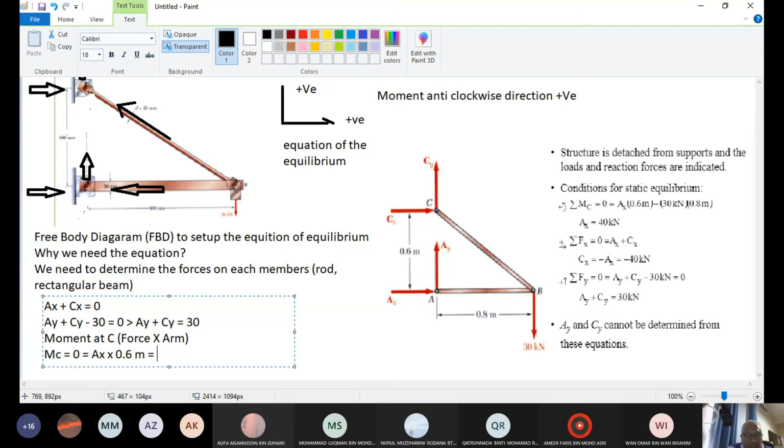We also have another moment at C due to this 30 kilonewton. Since it will act clockwise, it will be minus 30 kilonewton times the arm, which is 0.8 meter. So this is equal to 0.